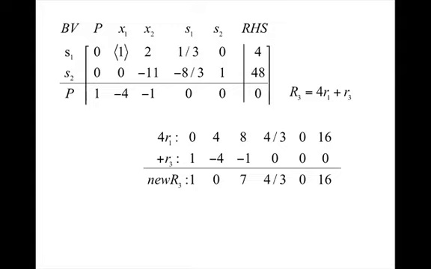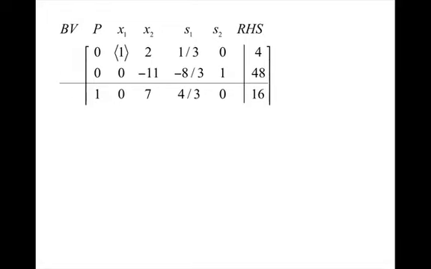If I add this to row 3, my new row 3 becomes a 1, a 0 that I wanted, the 4 plus the -4, and then a 7, 4/3, 0, and 16. Replace row 3 with this new row 3 and recopy rows 1 and 2.